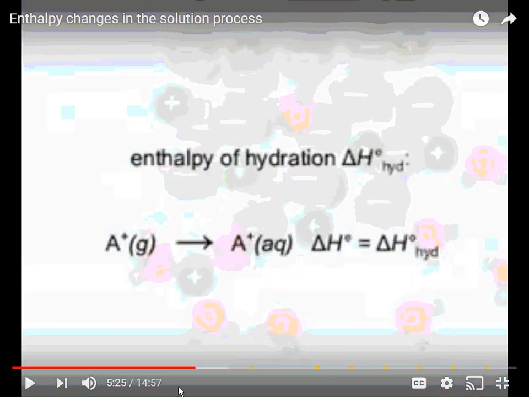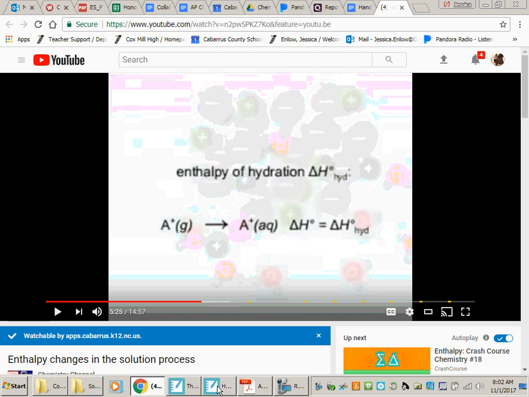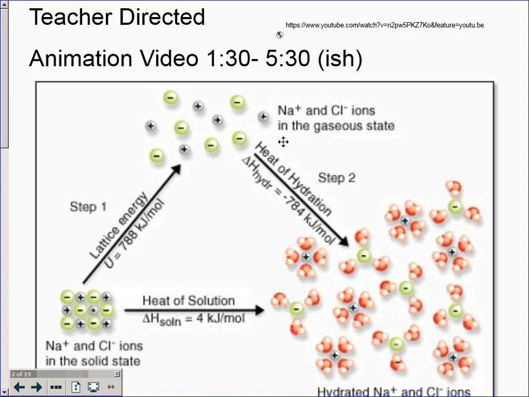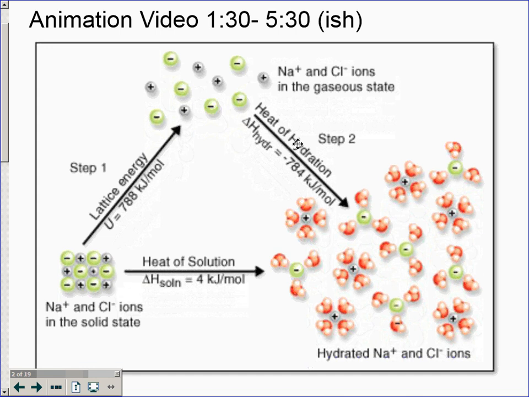Enthalpy. Okay, so we know there are 3 steps to a solution process now, right? First step is what? First step is to do what, Cassie? Break the ion bonds. You guys see that on my structure here? Step 1, lattice energy. We'll learn what that means later, but it's just breaking the ionic bonds apart, which requires energy.